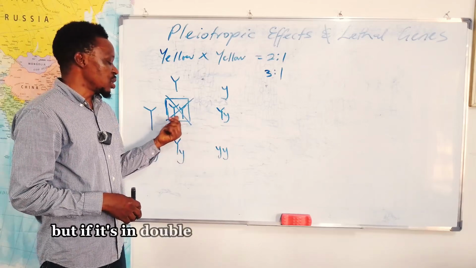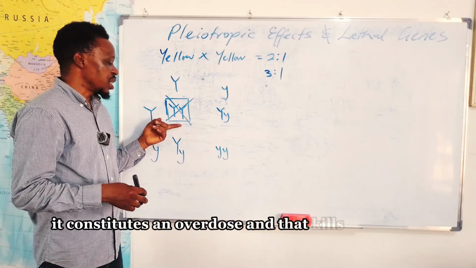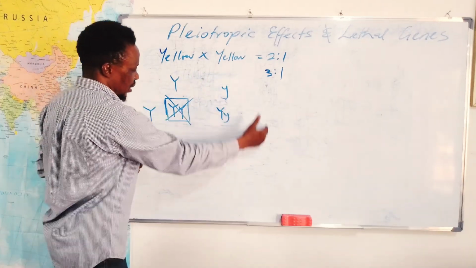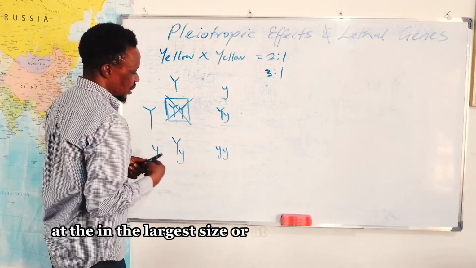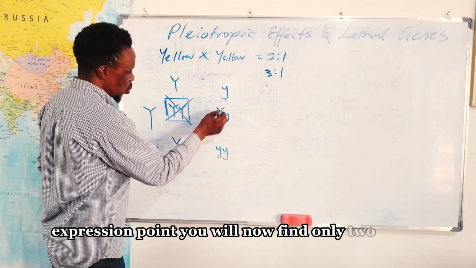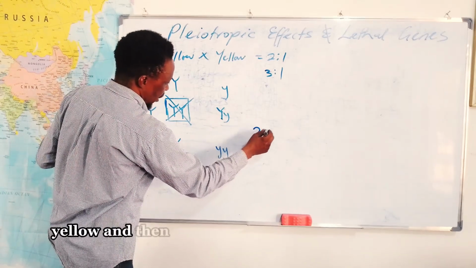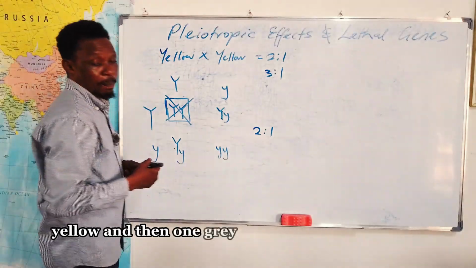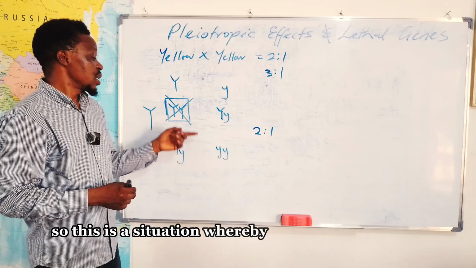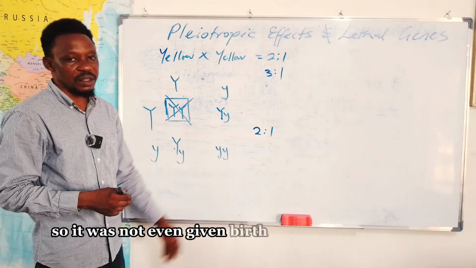But if it's in a double dominant form like this, it constitutes an overdose, and that kills that organism. So in the litter size, or at expression point, you will now find only 2 yellow and then 1 gray. This is a situation whereby this was terminated at conception, so it was not even given birth to.